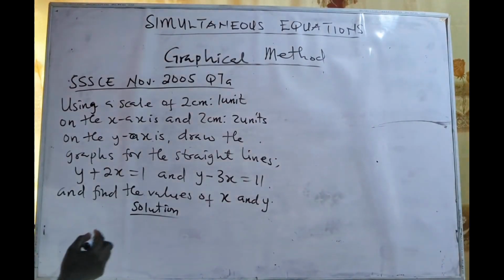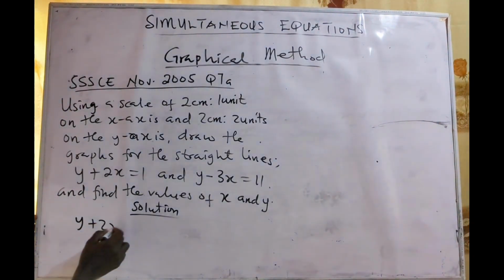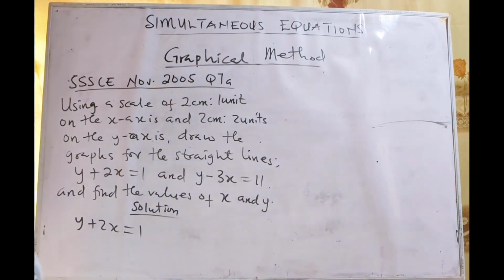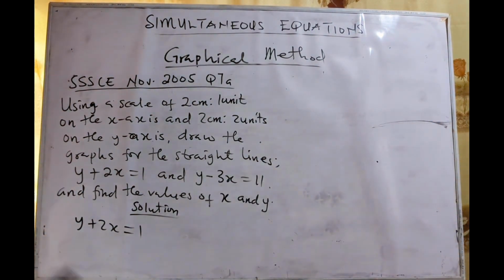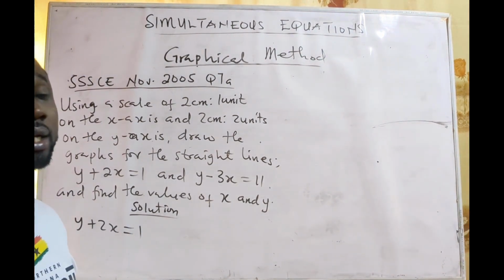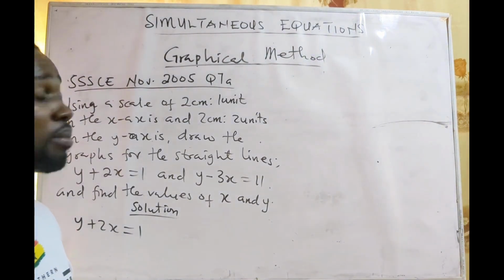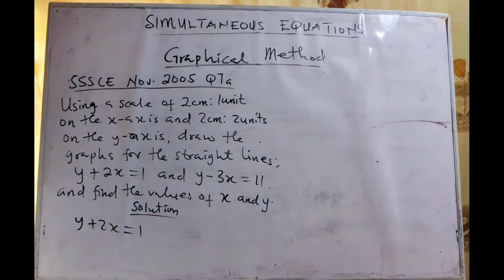Okay, so we are given y plus 2x to be equal to 1. And when you want to draw a line, at least you need 2 points. One will not be enough because you may not know where the other point will pass. But when you get at least 2, then that is enough, 2 or more. So you pick a convenient value for the x, and then you substitute to get y, and vice versa.